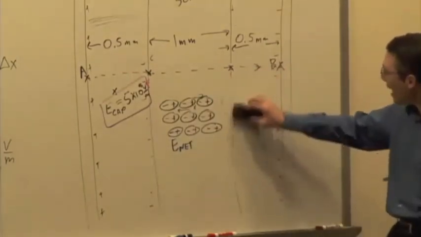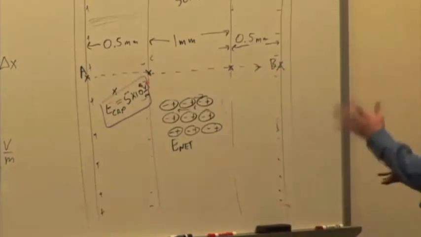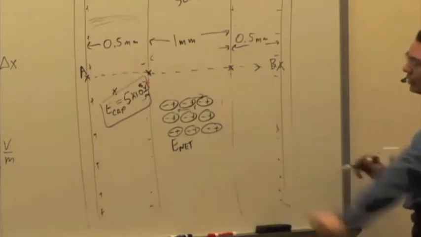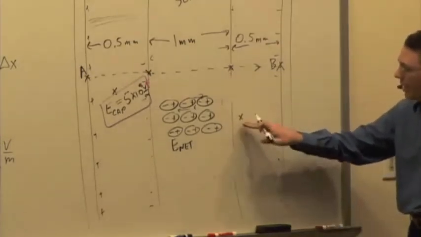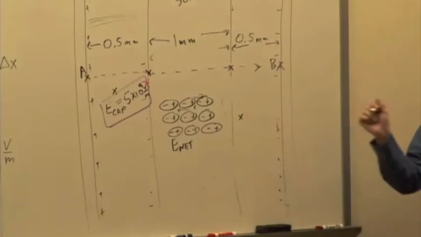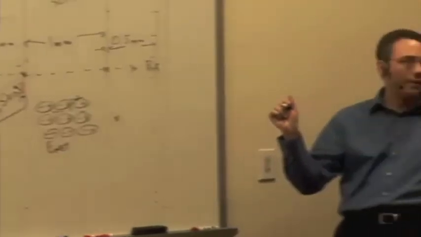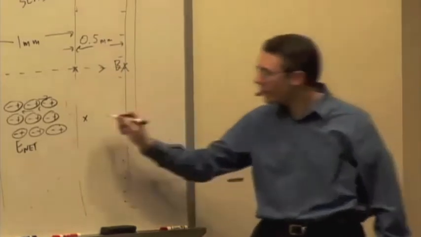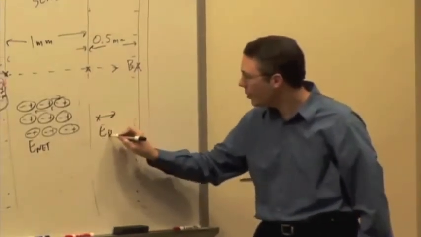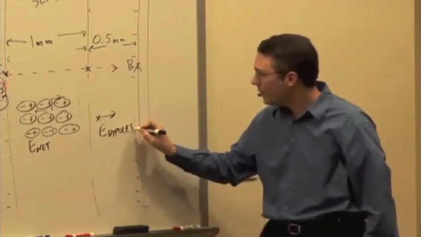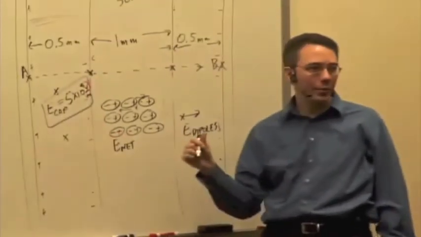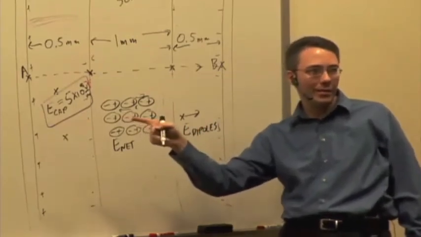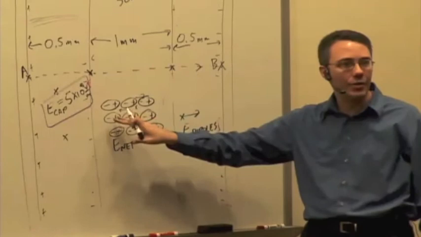So if I were looking at the electric field due to these dipoles alone, at a location here, those dipoles would make an electric field pointing in what direction? To the right. Okay. So this is E due to the dipoles, right? And over here, the electric field due to the dipoles will be pointing that way, to the left? To the right, yeah, because the negative sides are closer over here, right?